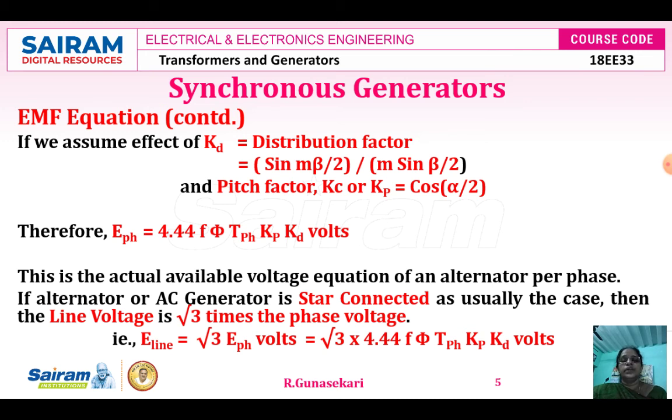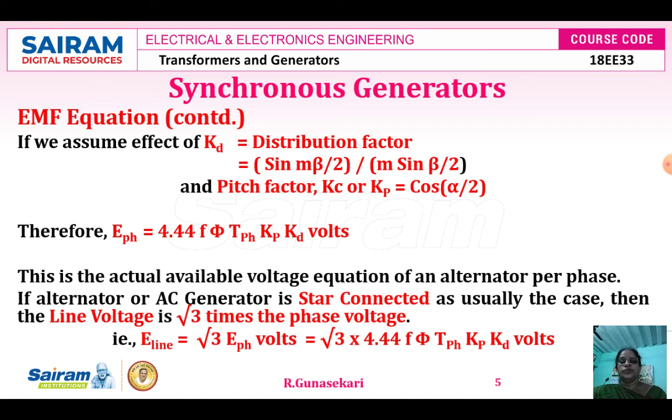Now we are considering Kp and Kd. The Kp and Kd values are always less than 1. Kp is equal to 1 for full pitched winding, but Kd is not equal to 1 for full pitched winding. Generally Kp and Kd are less than 1. Keep this key point in your mind.